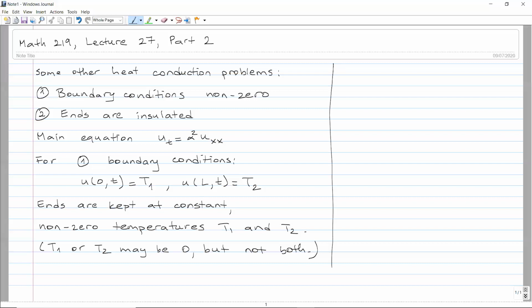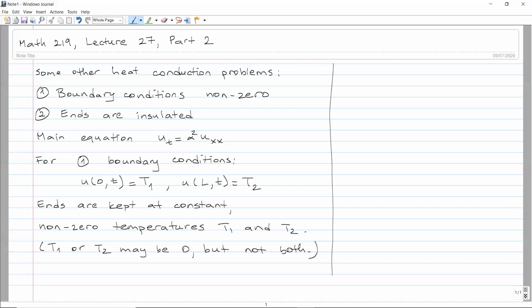All right. Now, if you remember, at the end of part 1, I said that in the case where the ends are kept at constant temperature 0, we obtain this infinite series for the solution. And because of the negative exponent in the exponential part, the limit as t goes to infinity is 0.